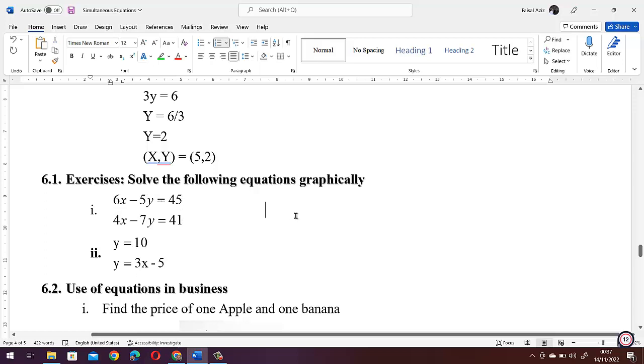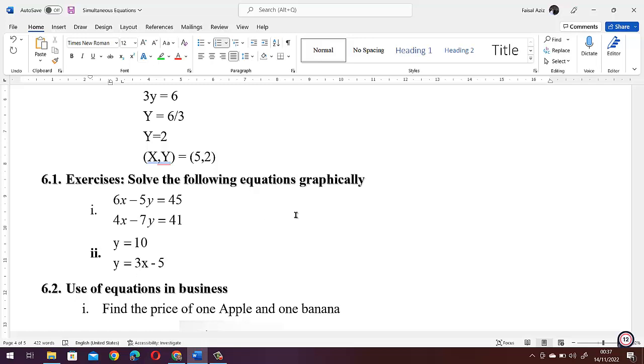For each equation you will have to calculate two points, plot those points on the graph and connect them. When you get both lines, they will intersect each other at some point. You can make a note of that intersection point from the graph, and this will be your solution set.